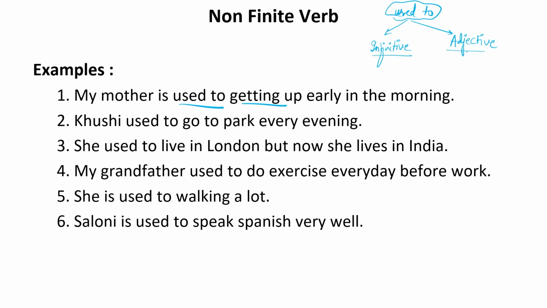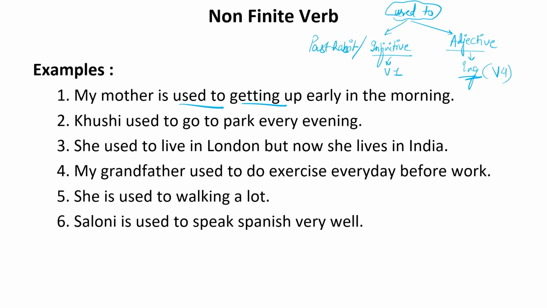When it is used as an adjective, it is followed by the ing form of verb. But when it is used as an infinitive, it is followed by the verb first form. Now, in infinitive, it is used to show past habits.